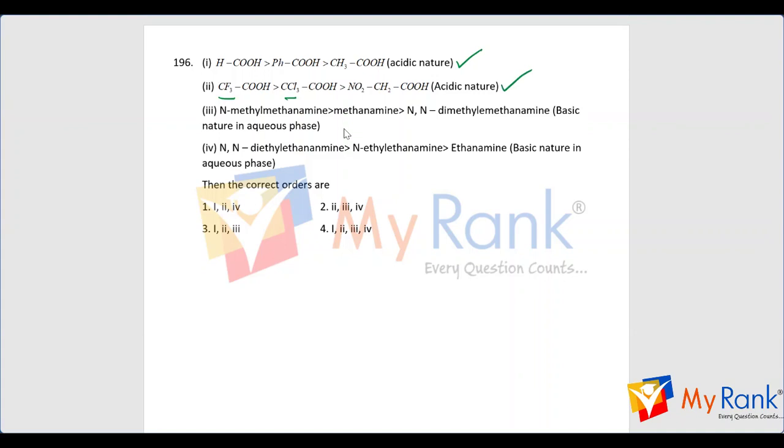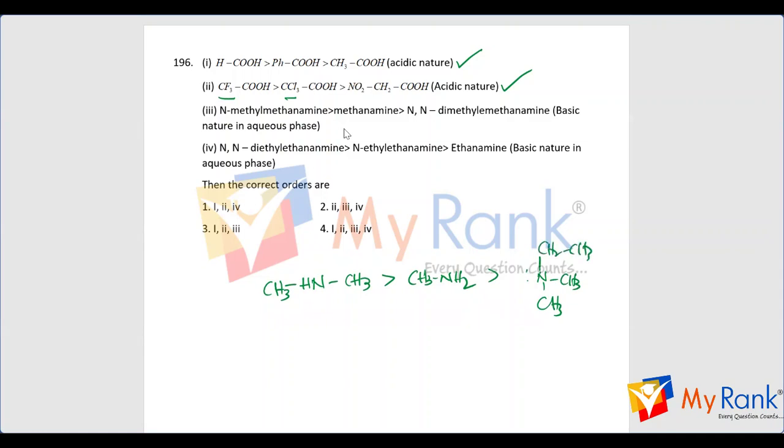And the next one is N-methyl methanamine. This is the basic strength order: methanamine, CH3NH2, N,N-dimethyl, CH3, and next one CH2CH3.